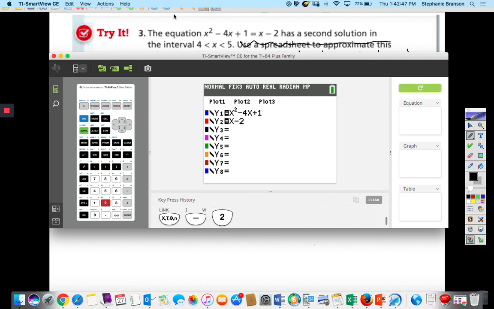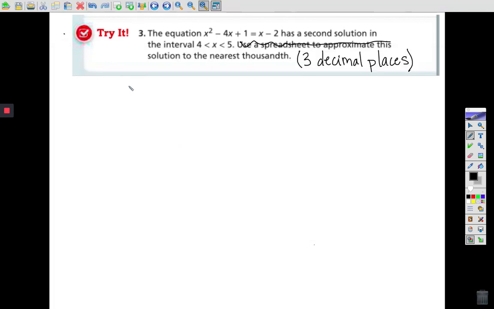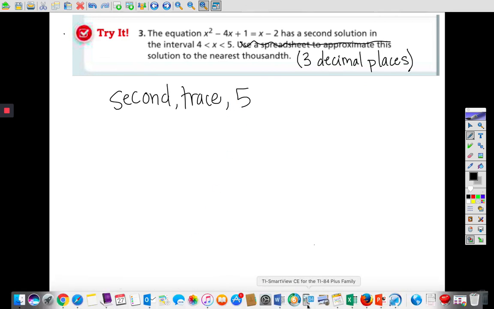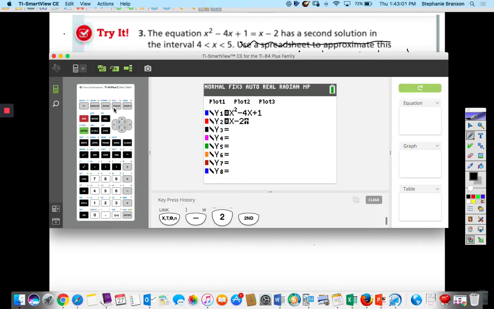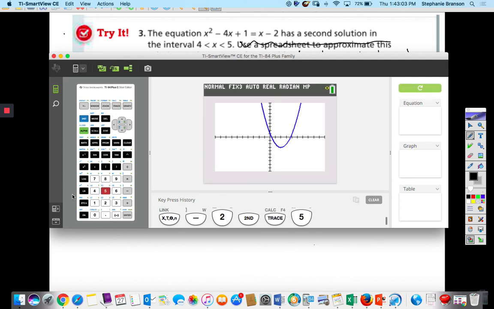All right, I don't know if you remember, but we're going to hit second, trace, 5. Second, trace 5. How many points of intersection does this have? 2. It's going to ask you, is this the first curve?